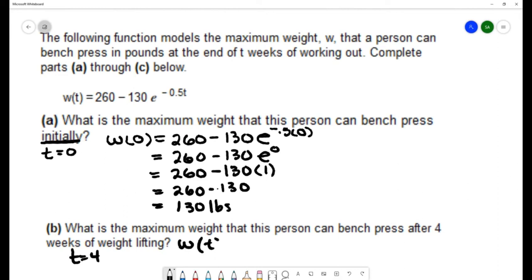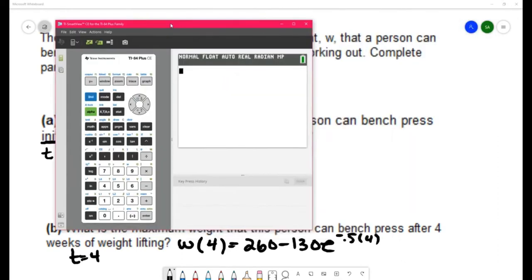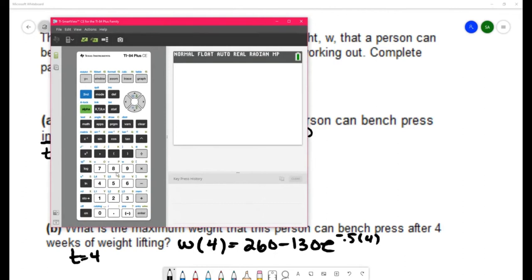We have W of 4 equal 260 minus 130 e to the negative 0.5 times 4. I'm going to use my calculator to work this out. In the calculator, I've got 260 minus 130, and I'm going to use e. This calculator has 2 e's. There's an e above the division, and then there's an e above the ln.